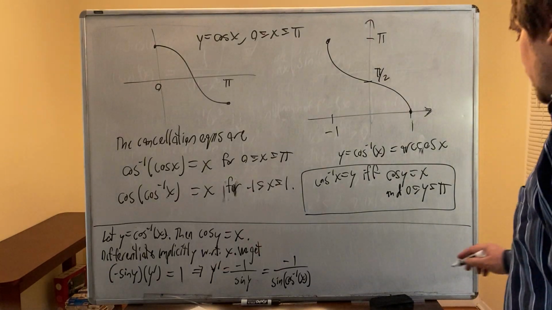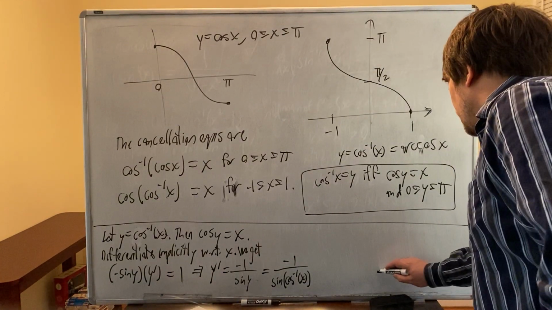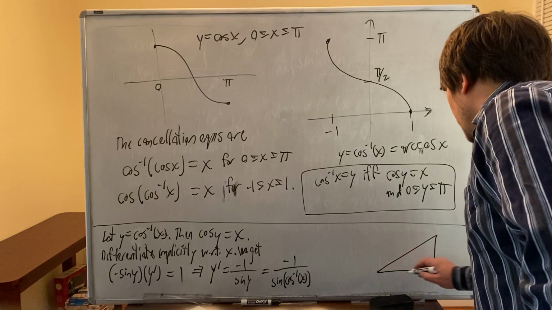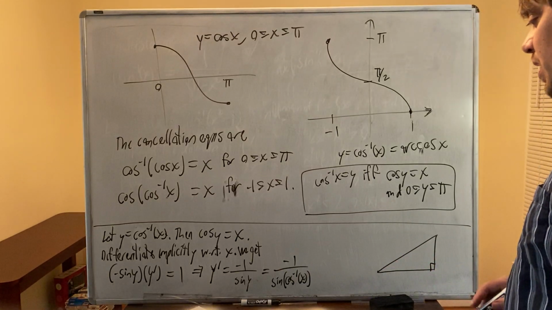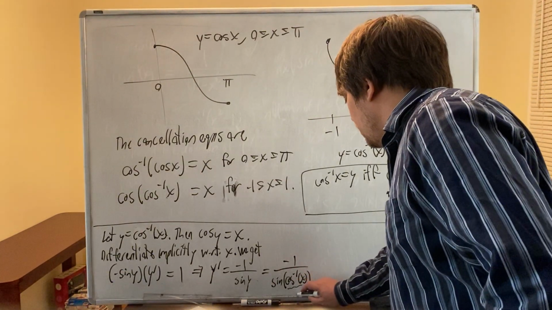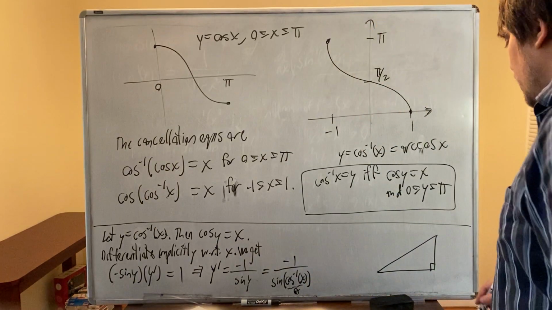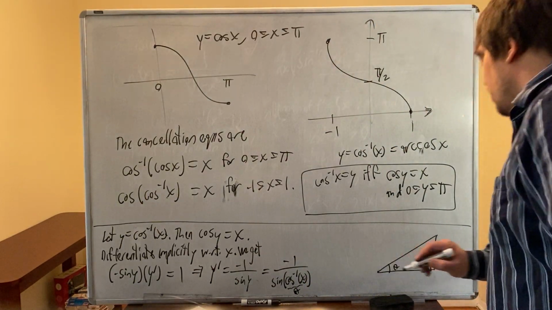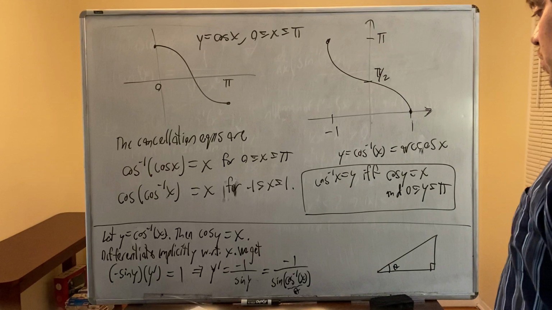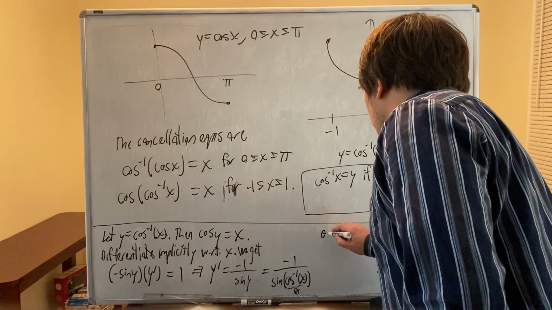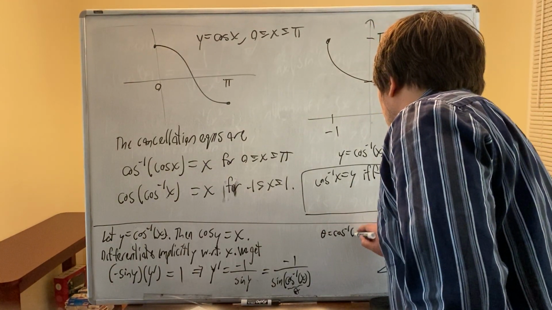Now, if you do this right triangle trick like we did in the other example, here's a right triangle, and I'll let theta be cosine inverse of x, the angle of this triangle. So theta is cosine inverse of x.